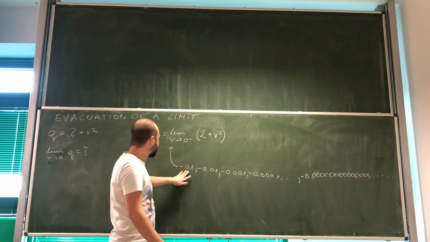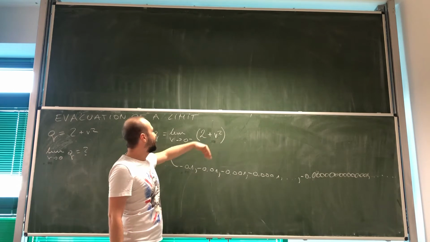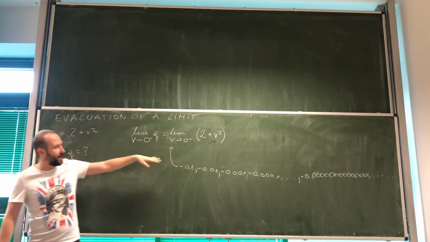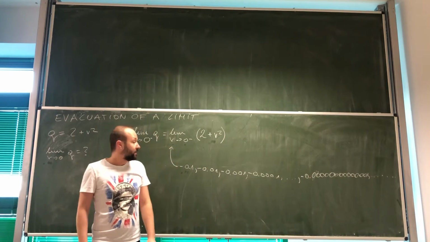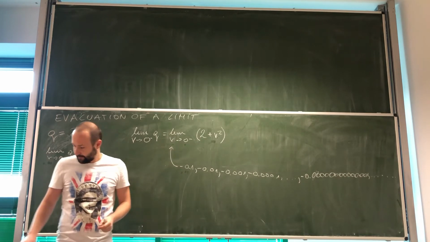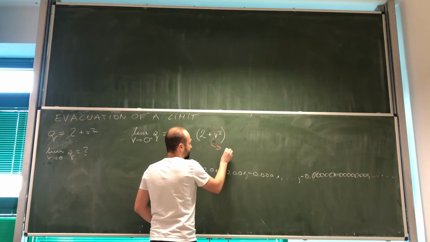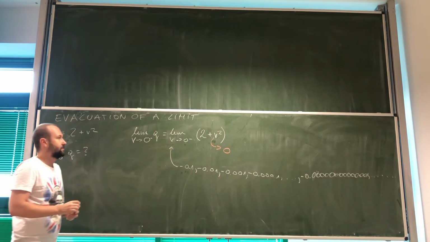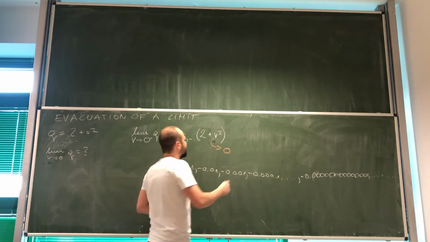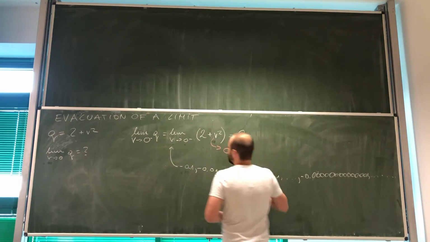We see that as we put instead of v a smaller and smaller number, we are getting a number that is closer and closer to 0. And if we take the square of it, that makes an even smaller number. So we can see that as v is getting closer to 0, v squared is going to 0. So in this case, we can say the limit is equal to just 2.